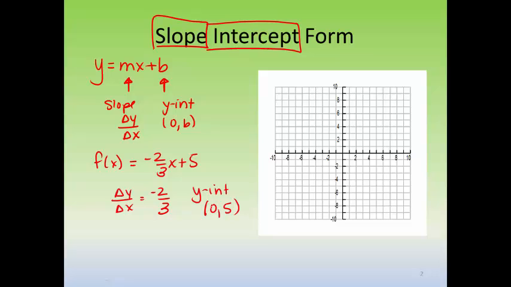Because we can easily identify that, it allows us to graph very quickly from this form. So we would start at 0, comma 5 as a y-intercept, and we would apply the slope to our point moving away from it in both directions. Because the vertical change is negative 2 and the horizontal change is positive 3, this could be one of our next points. I would do it again.